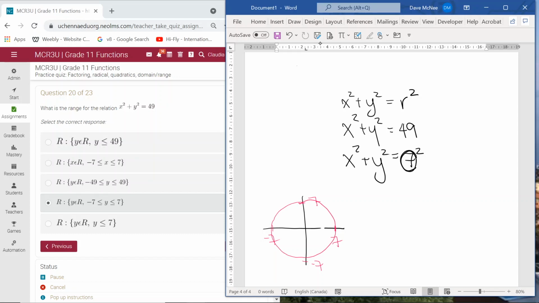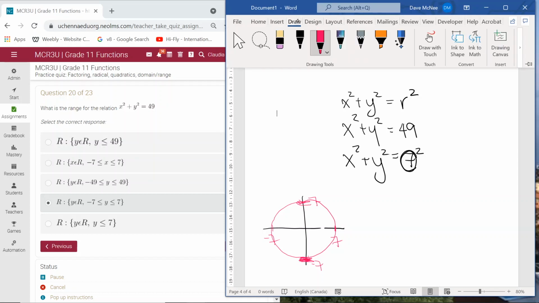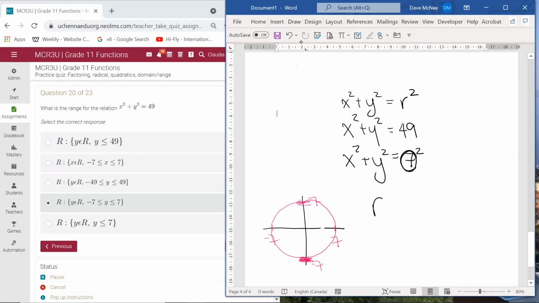And what's my range? Well, range is all the numbers between -7 and +7. How do I write that? First of all, range is my y values. So I'm going to say y can be any number, y is an element of real numbers, such that, and then my lowest y is -7, that's down here, and then y can be anything, all the way up to +7, that's it.